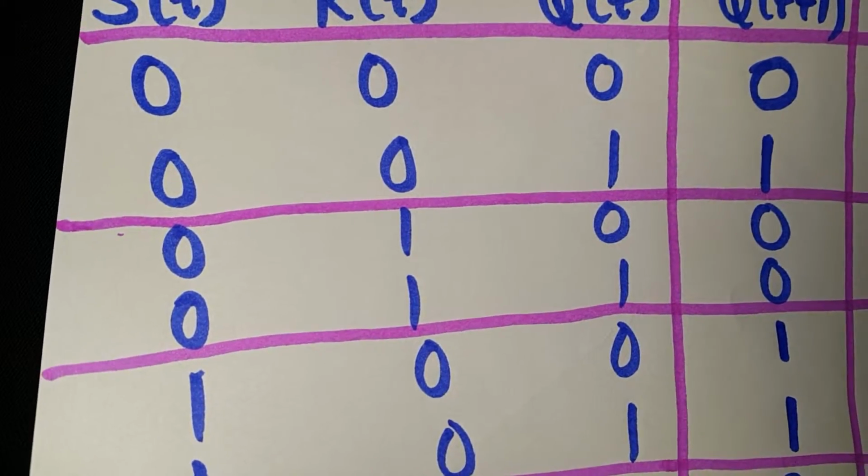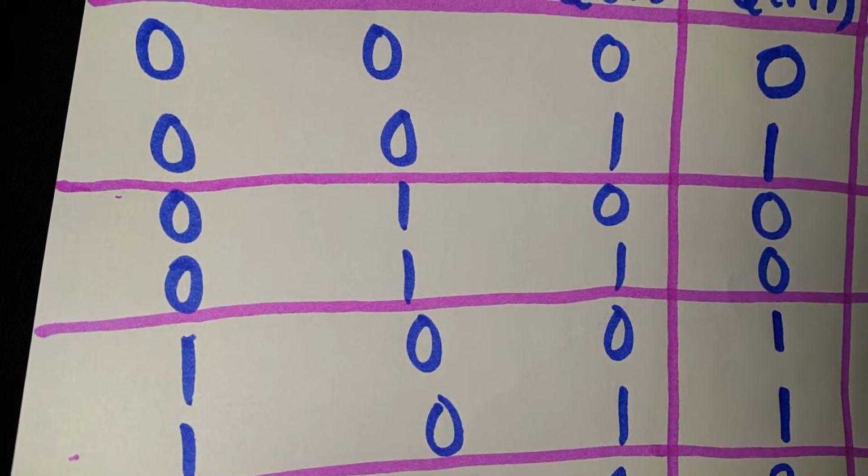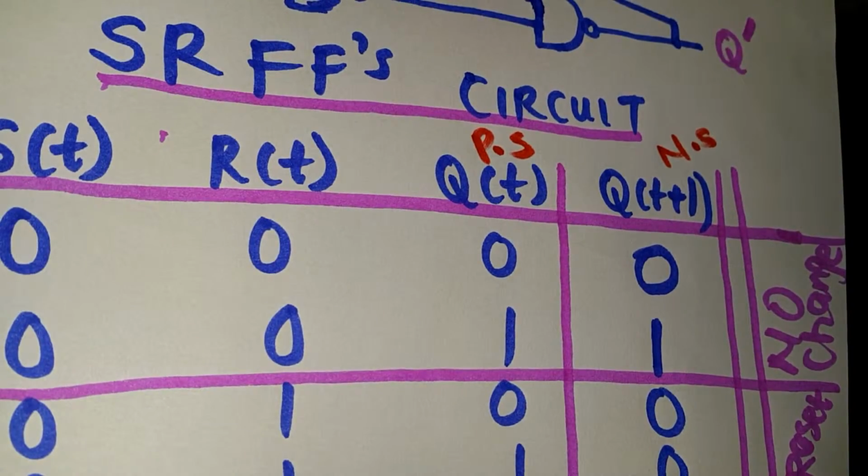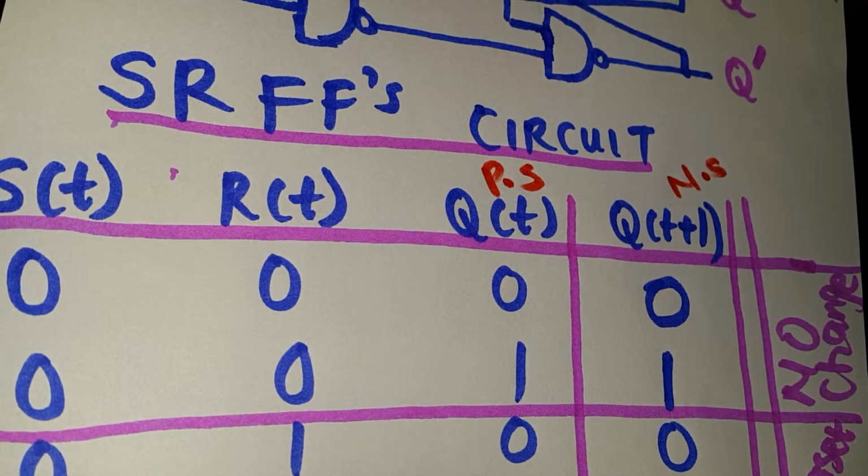And the next thing we'll be doing now is to find our characteristics table and also the excitation table. So let's do that very fast. Let's write this out again.